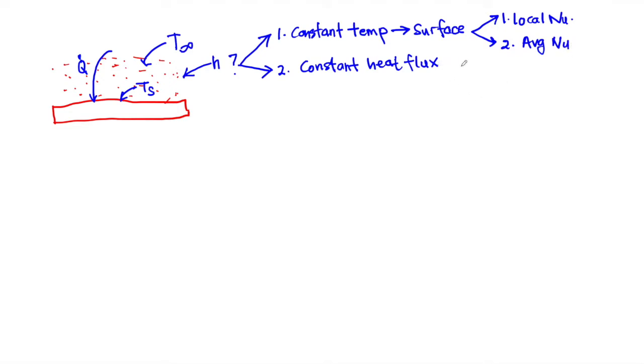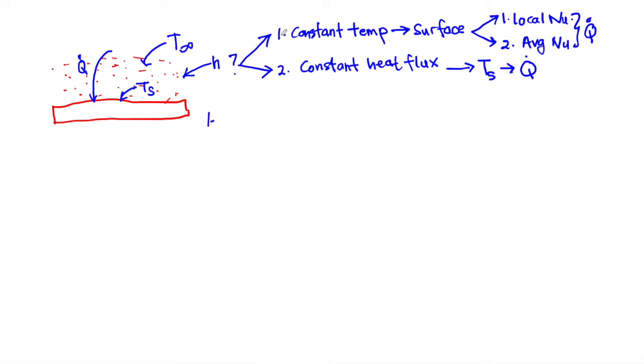For the heat flux condition, normally our objective is to find Ts, or to find the rate of heat transfer, Q dot. For the local Nusselt number and average Nusselt number, both of these you may use to find Q dot, the rate of heat transfer.